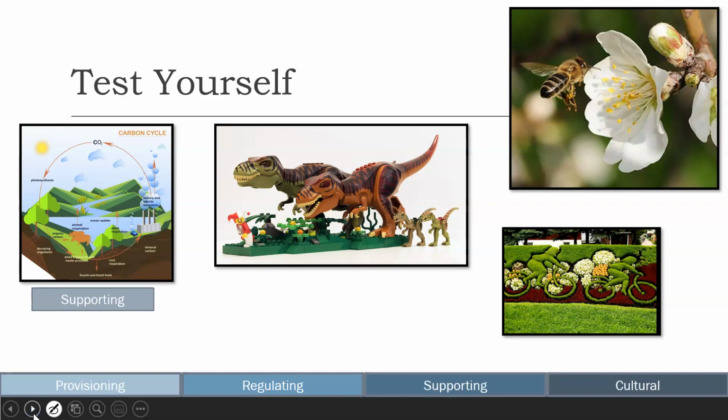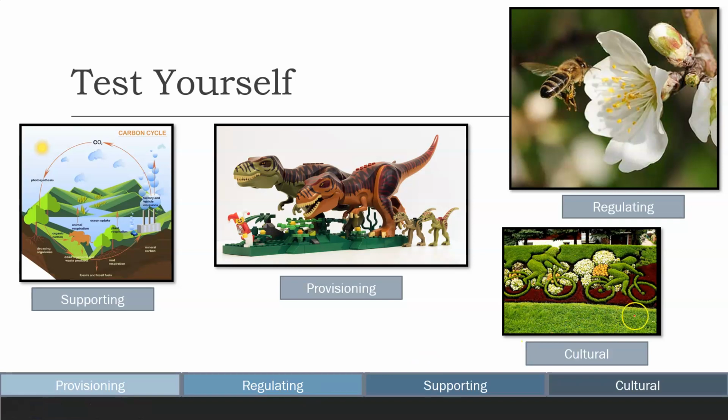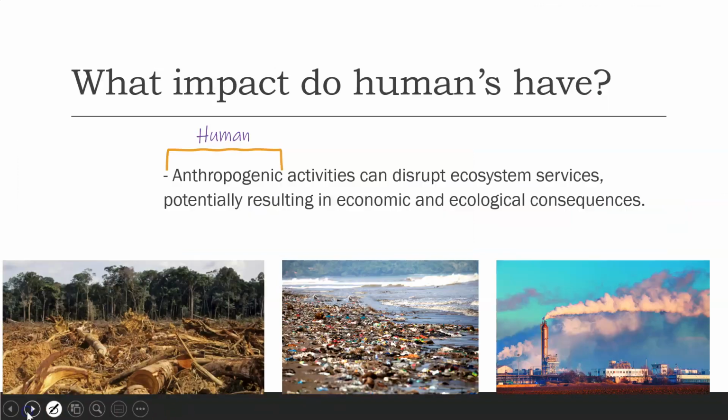Okay, so supporting services. We need that carbon cycle for everything else. Provisioning, we get the oil from the ground, provides us with our material benefit of plastic Legos. We've got a regulating service of pollination. And lastly, cultural, creative gardening feeds the soul.